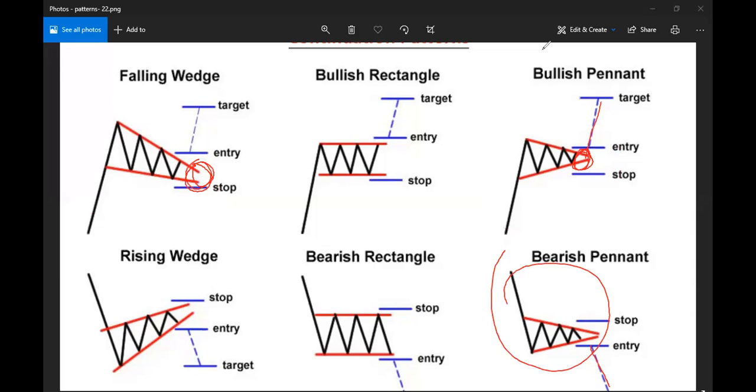So when you see the bullish pennant forming, this is a higher high. The market keeps going in this direction. You wait for a breakout, you buy, you make your 20 pips, 50 pips, 100 pips, just trading these chart patterns. You can see the bearish pennant.